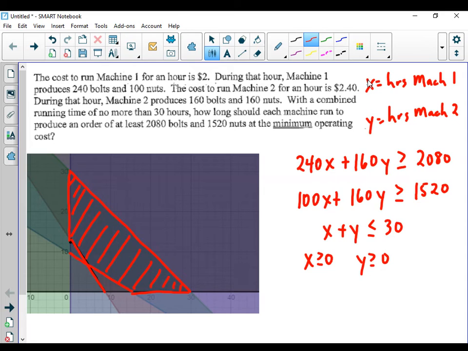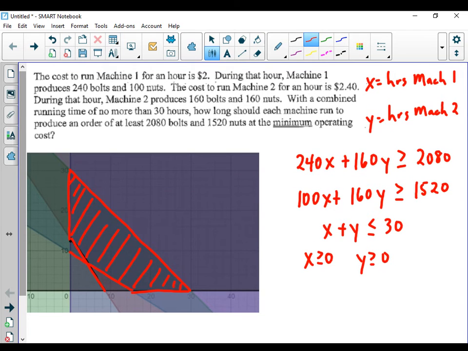Within that, I now want to test out the points. But before we test out the points, we need to have a function to work with. So remember what the question asked. The question wanted to know the minimum operating cost. So our function should deal with cost.